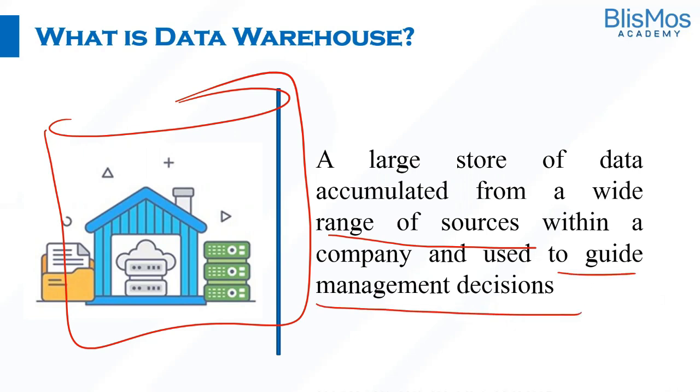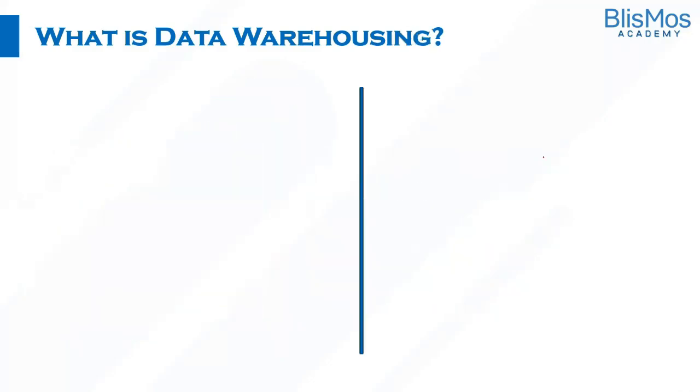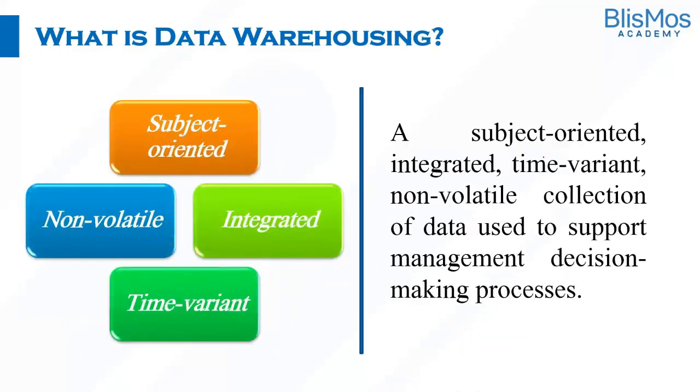We always build the data warehouse to support the management decisions, to guide the management decisions. Data warehouse is very important. Let us understand the data warehouse from other definition. One other important definition is a data warehouse is a subject oriented, integrated, time variant, non-volatile collection of the data used to support the management decisions.